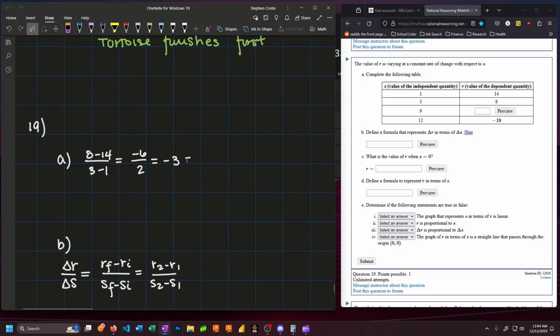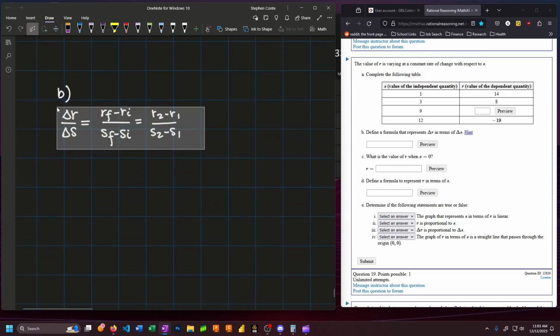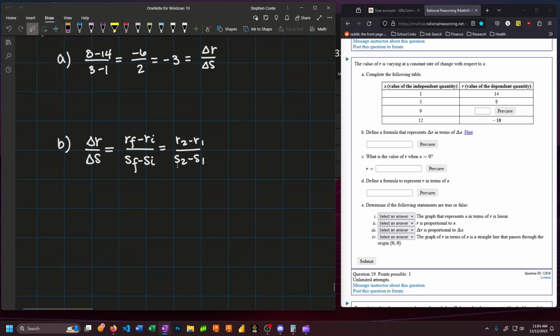So this is actually going to be equal to delta r over delta s, right? So now I have a value that I can replace delta r over delta s with, and I also know that delta r over delta s is equal to rf minus ri over sf minus si.